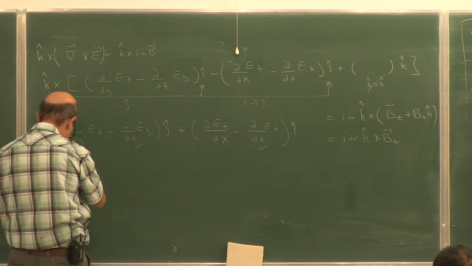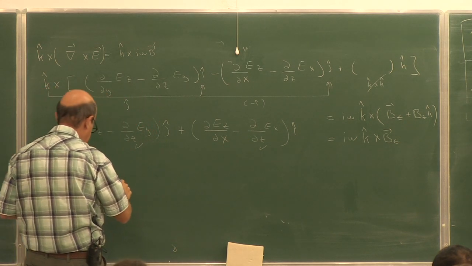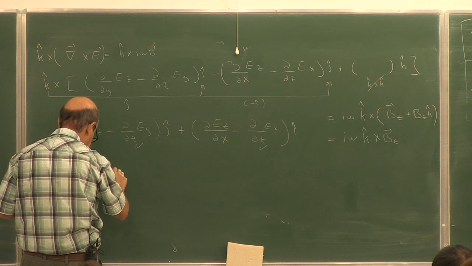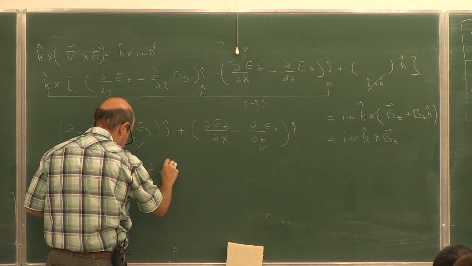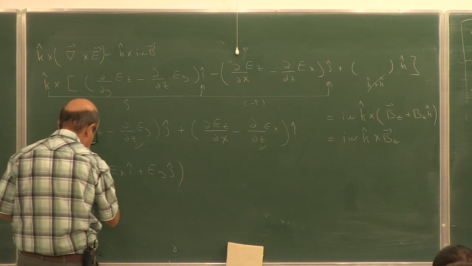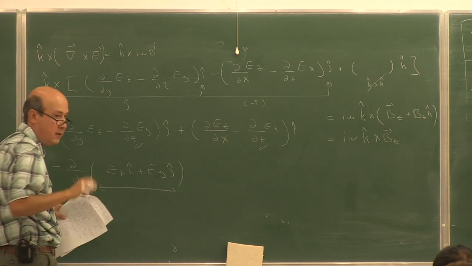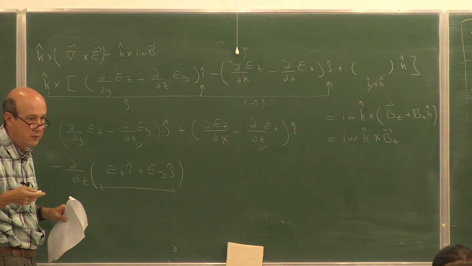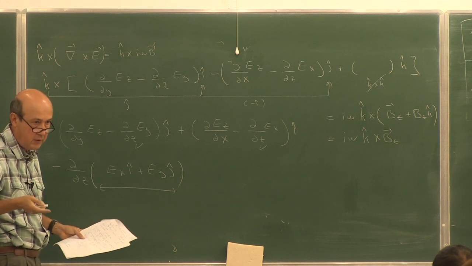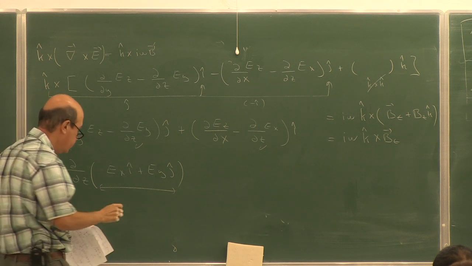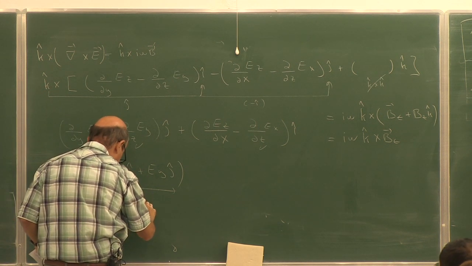What will you have? Ex i, Ey j. And what is this? E transverse, Ex plus Ey. Okay? Transverse electric field.